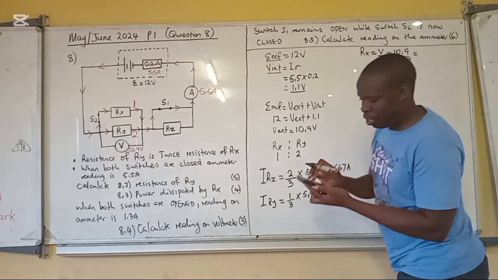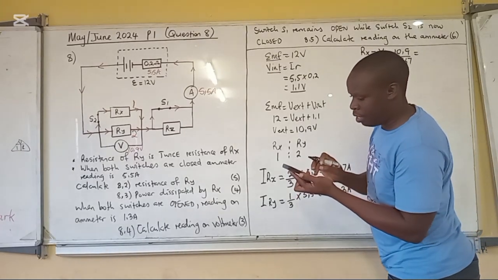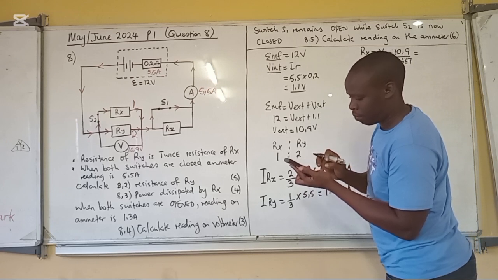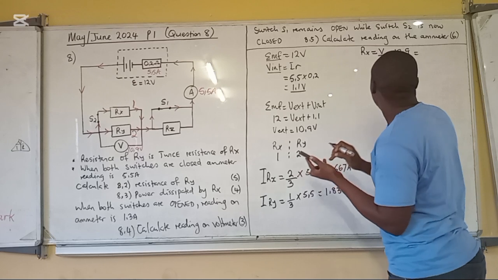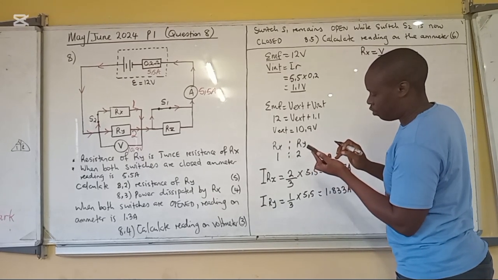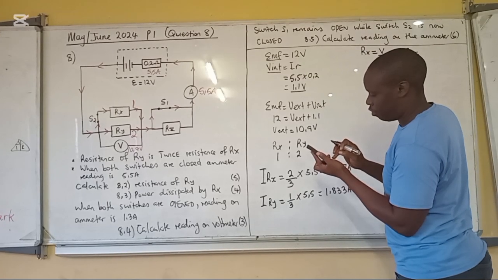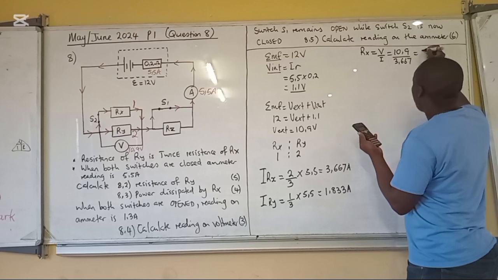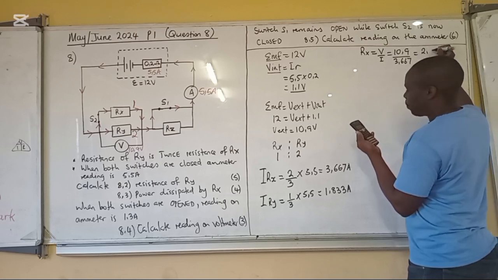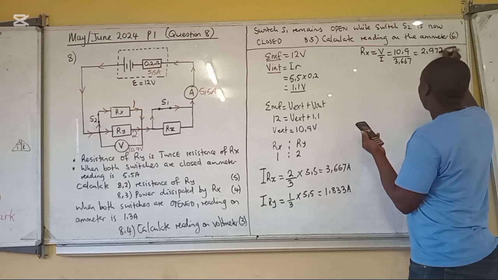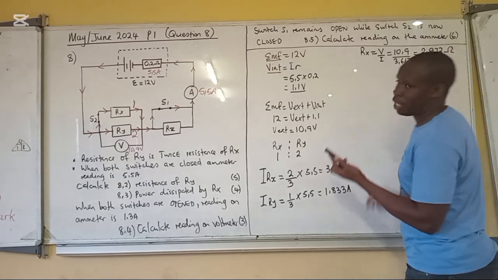That will be 10.9 divided by 3.667. I'm getting 2.972 ohms.